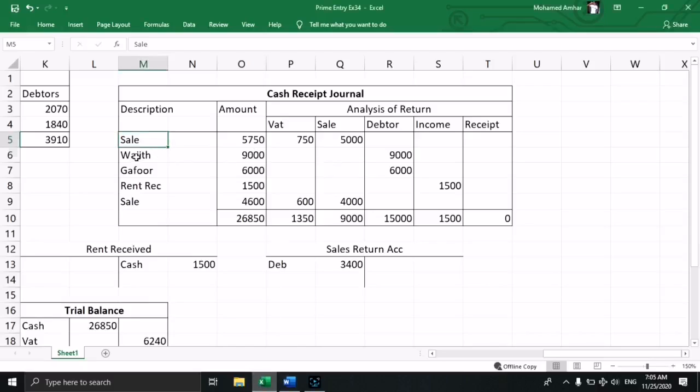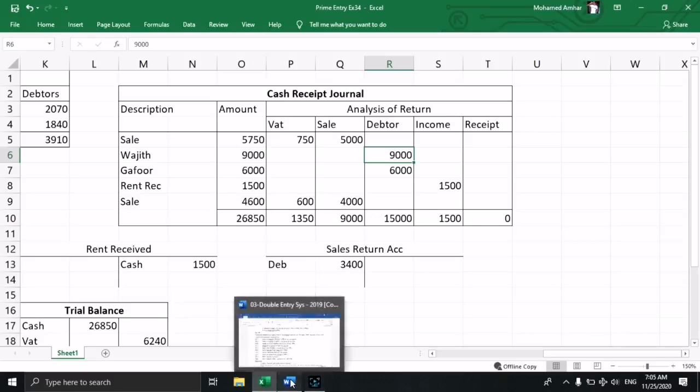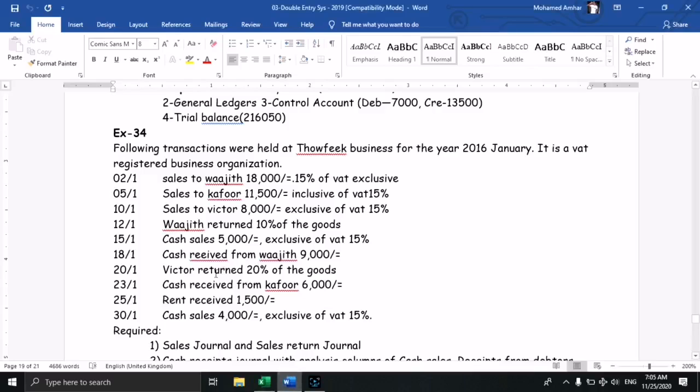Cash received from Wajid 9,000, and Wajid is a debtor. We have received money from Wajid, so you write the 9,000 under the cash receipt from debtor column also. Right.